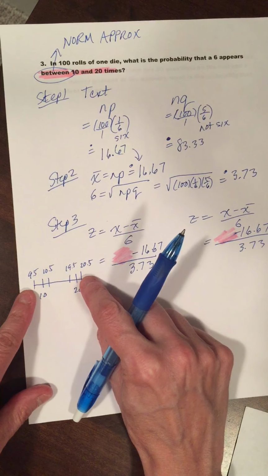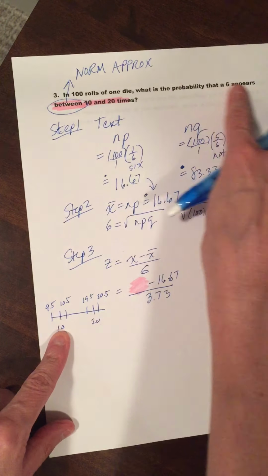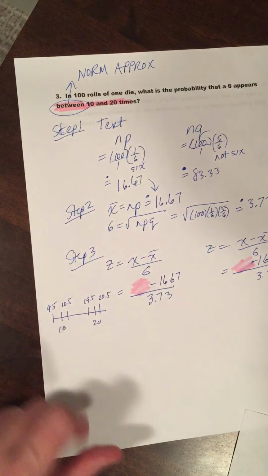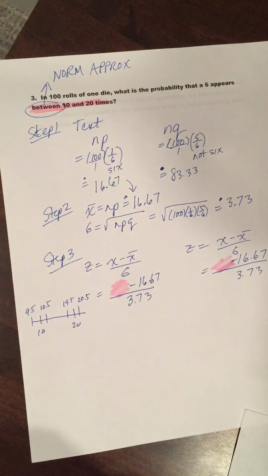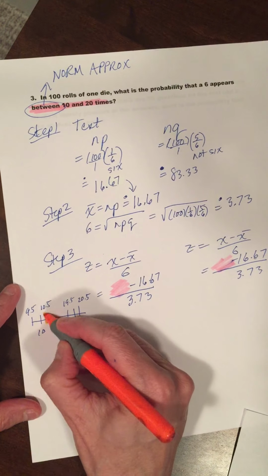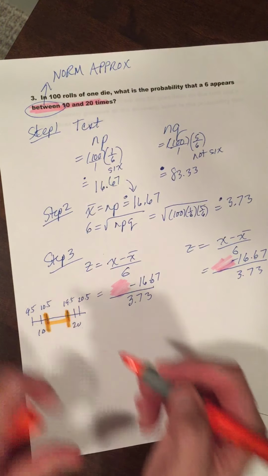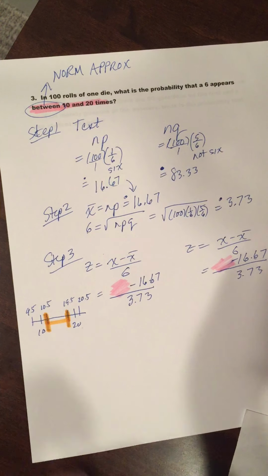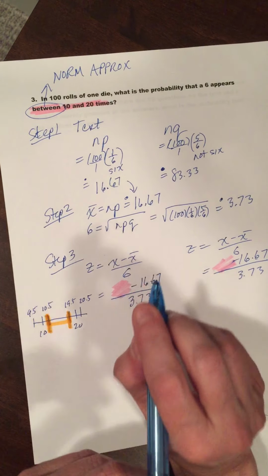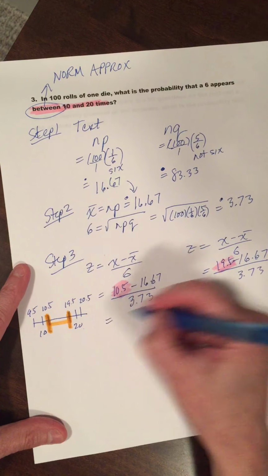So the question is, are you including 10 and 20? I don't see anything about inclusive in here. The $3, $4 question said inclusive. So because this doesn't say anything about inclusive, I don't want to include 10 and 20. So if I don't want to include 10 and 20, I'm going to use 10.5 and 19.5.